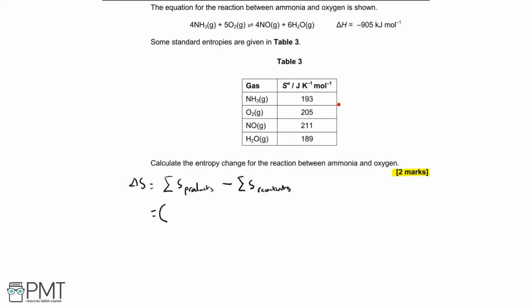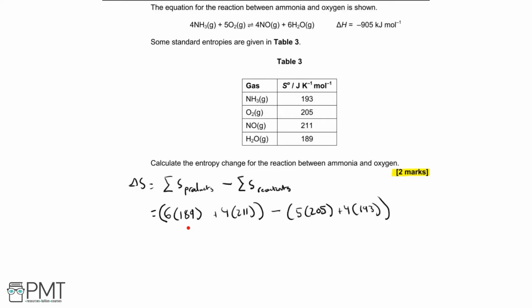So we'd have 6 lots of 189 joules per Kelvin per mole, plus 4 lots of 211 joules per Kelvin per mole, close brackets, subtract 5 lots of 205 joules per Kelvin per mole, plus 4 lots of 193 joules per Kelvin per mole.